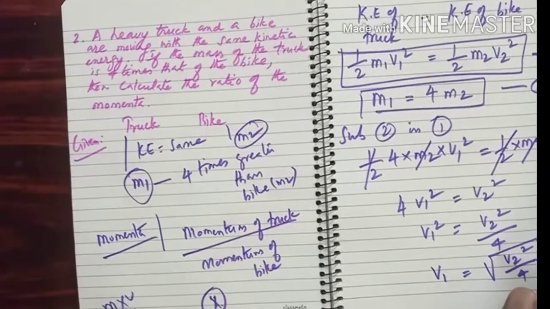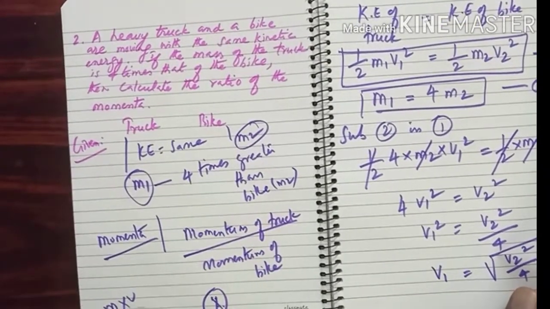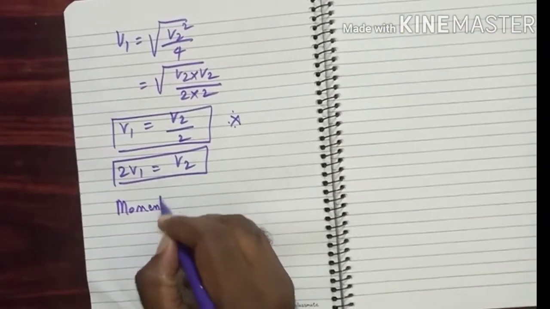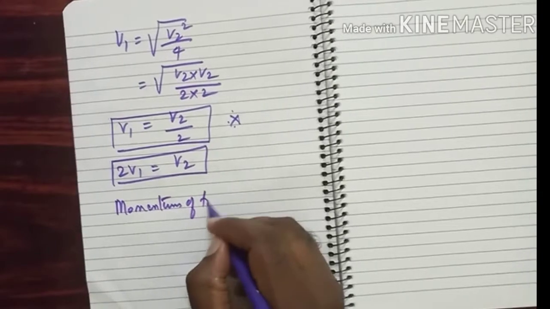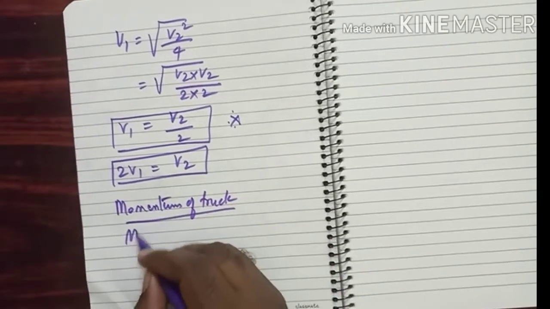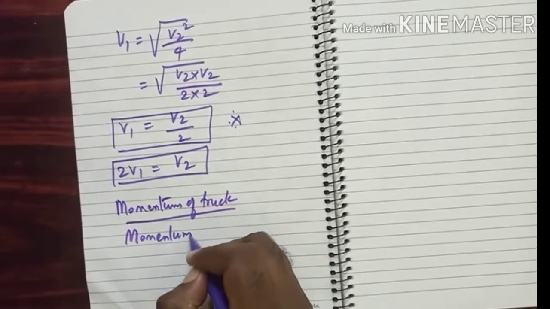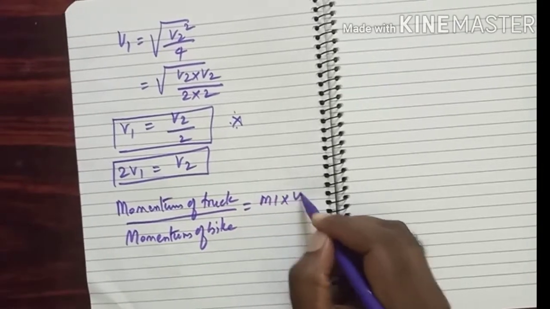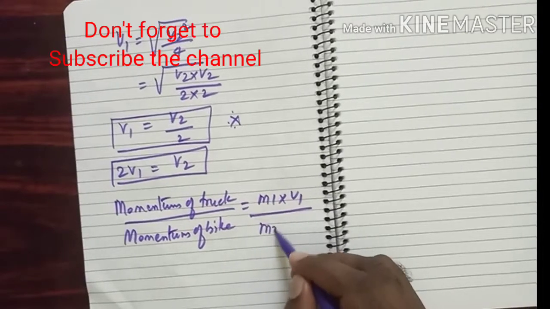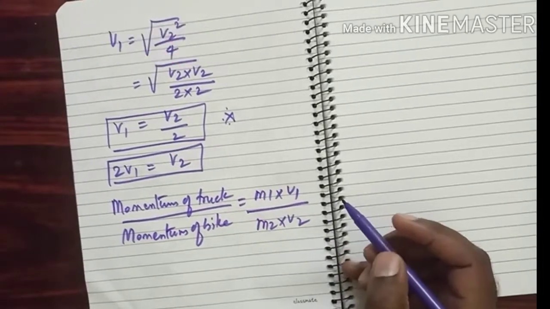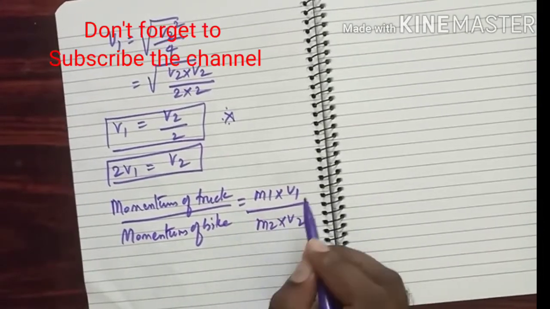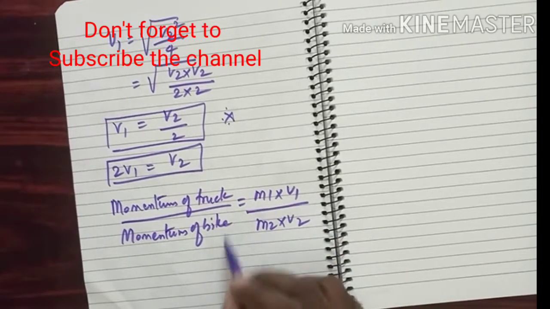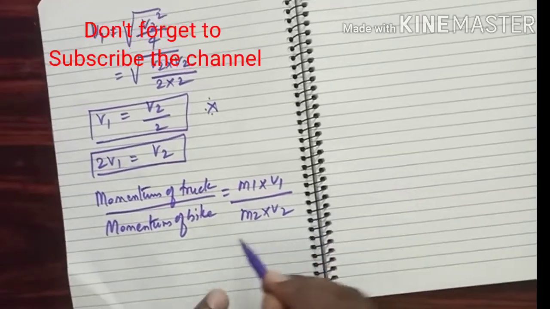Momentum can be calculated with the help of m into v. We need the momentum of the truck divided by the momentum of the bike. So we use m1 into v1 for the truck and m2 into v2 for the bike, because v2 refers to the velocity of the bike and v1 refers to the velocity of the truck. m1 and m2 are the masses of the truck and the bike respectively.